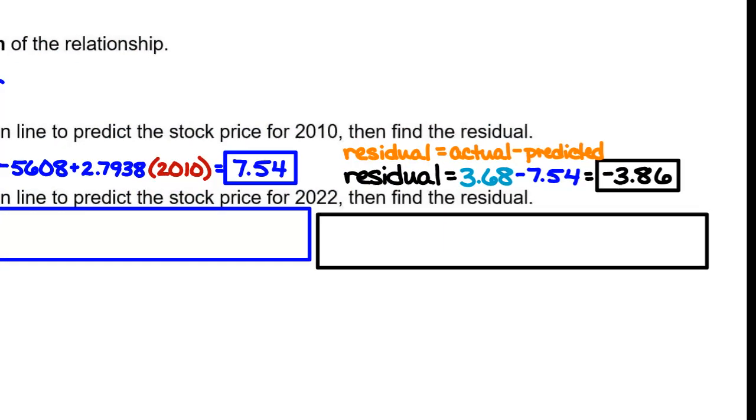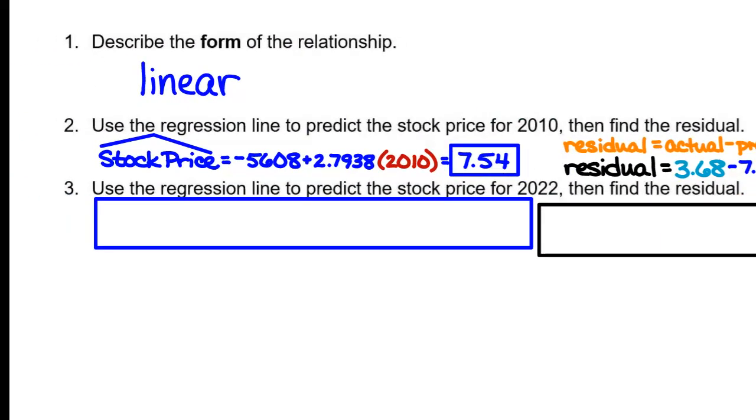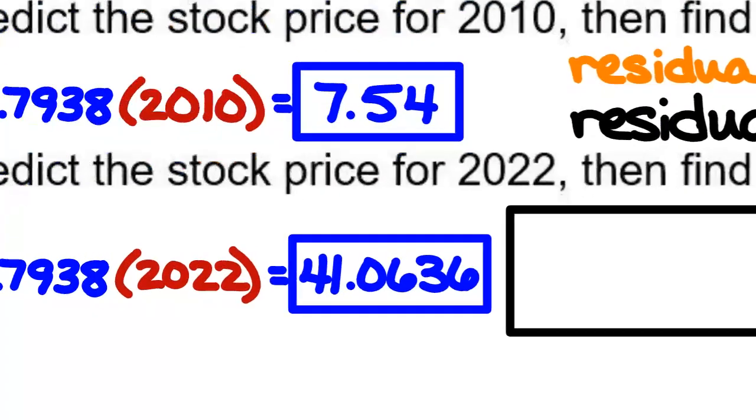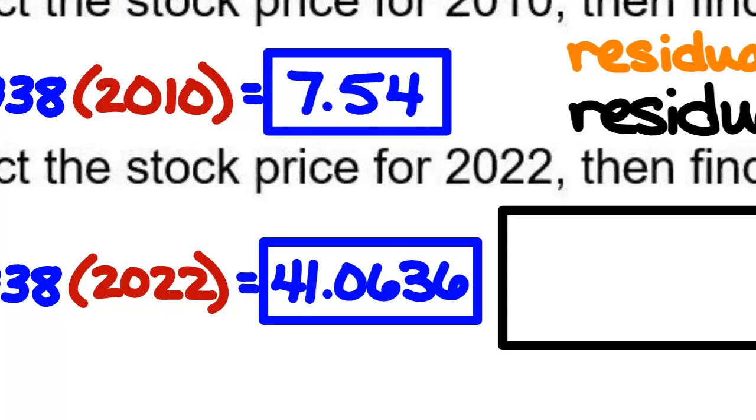What about for 2022? What's the prediction? 41.06. Again, if we round it to 2 decimal places, it'd be 41.06. It goes out a little further if you're doing it precisely.